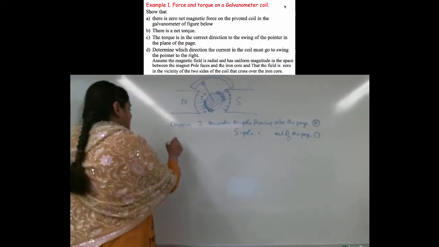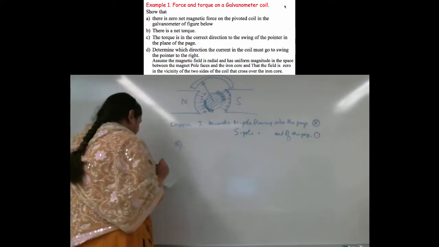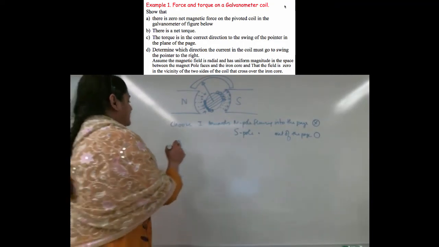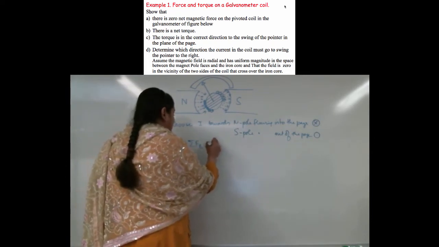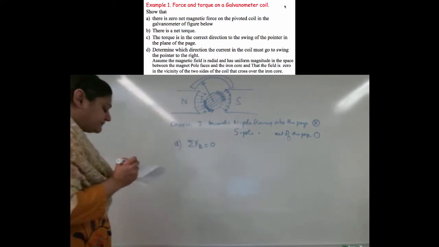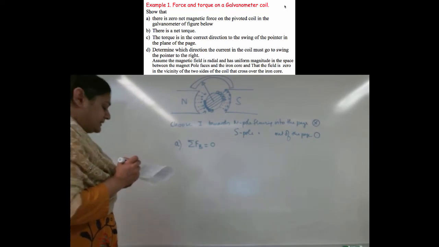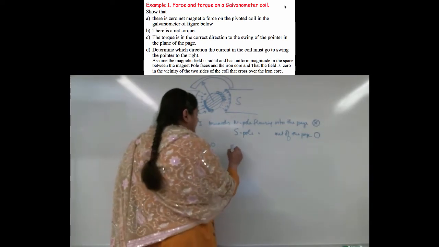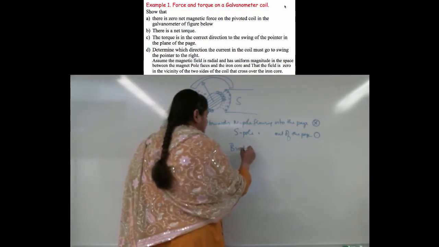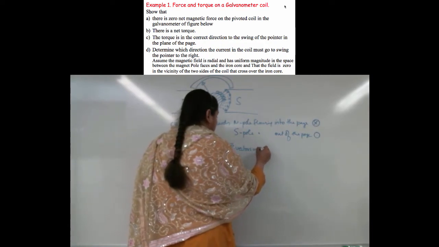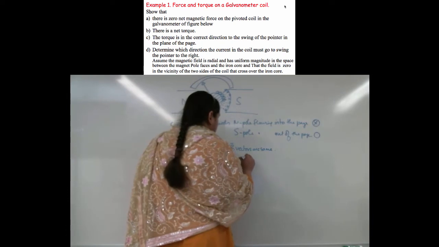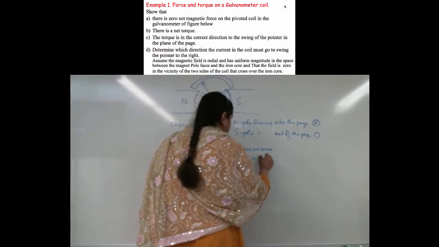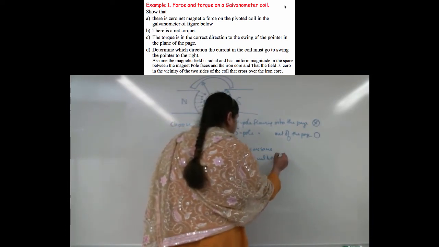Okay, so now let's do this problem. Part A. We have to prove that the net F_B on the galvanometer equals 0. How do I do that? Well, the B vectors are the same, and the L vectors are equal and opposite.